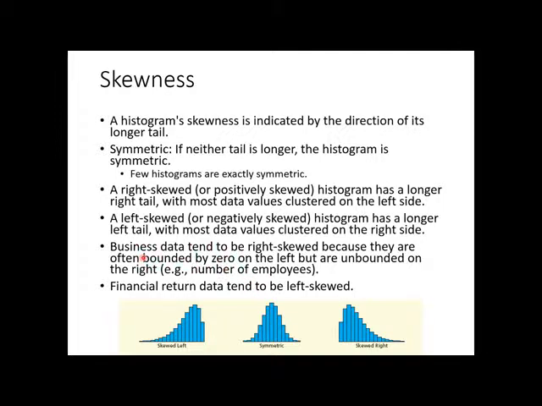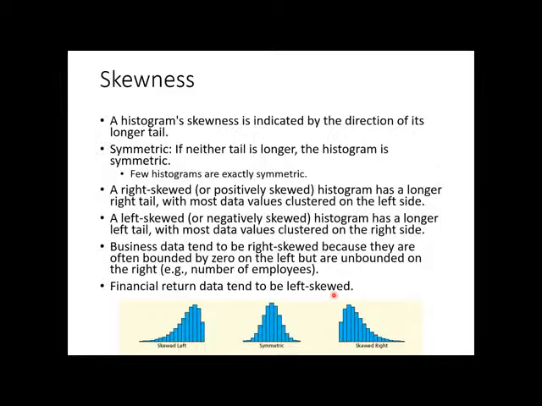Usually business data, such as price data, is right skewed. The stock prices are always positive, so it is right skewed. But financial return data is left skewed, which makes it a very different property of financial data.